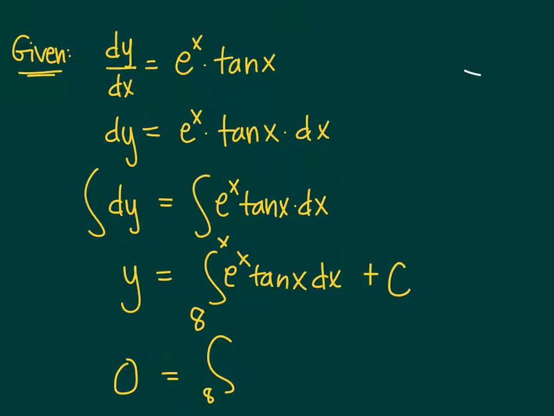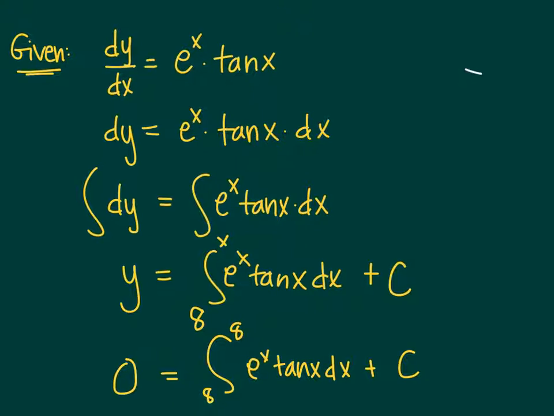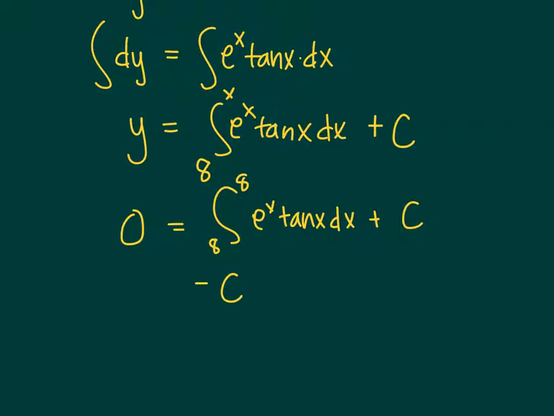And the x, 8 goes for x, again at the top. Oops, and I forgot the e. e to the x tan x dx plus c. And what is the integral from 8 to 8? 0. So what is c? 0. For this particular problem, c is 0.